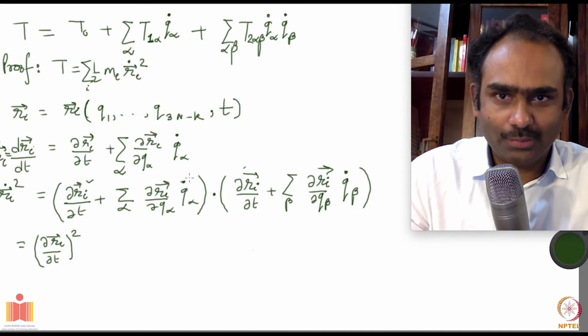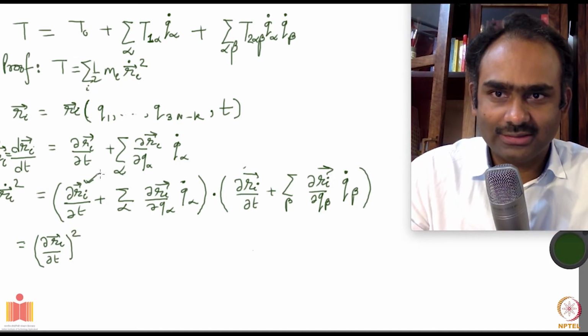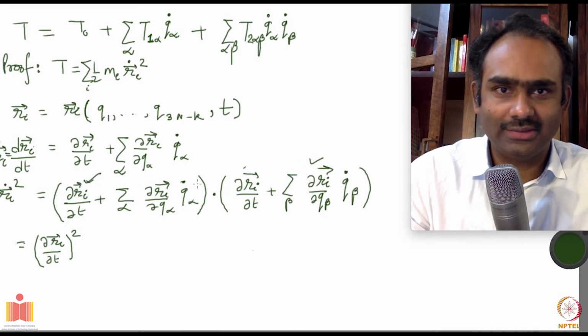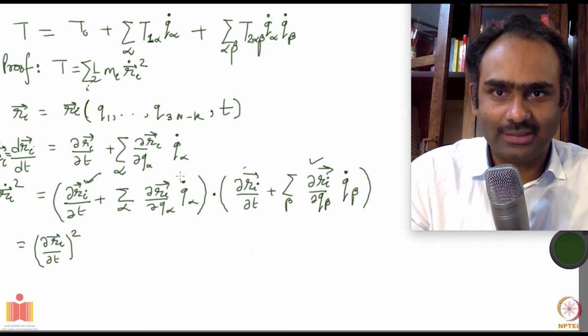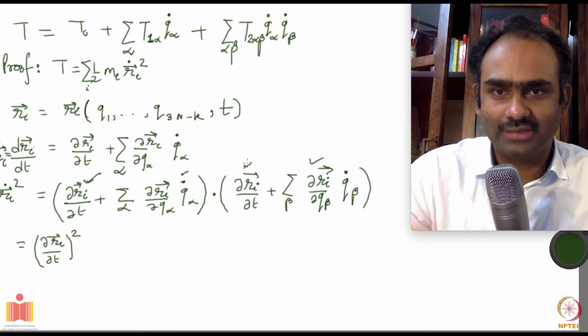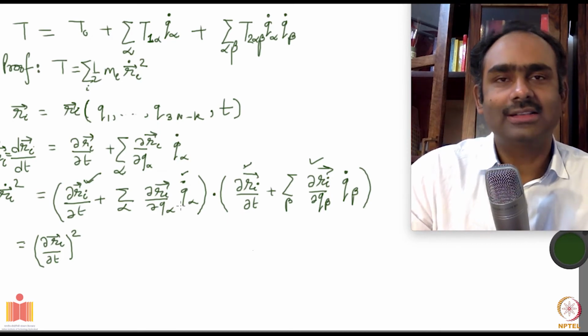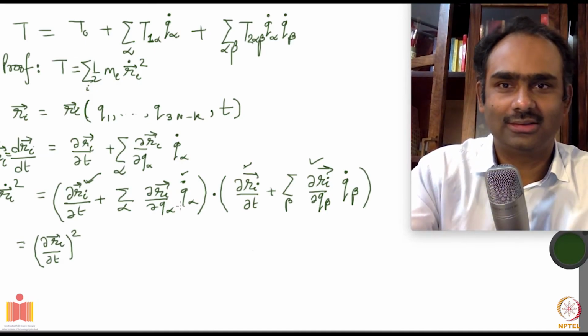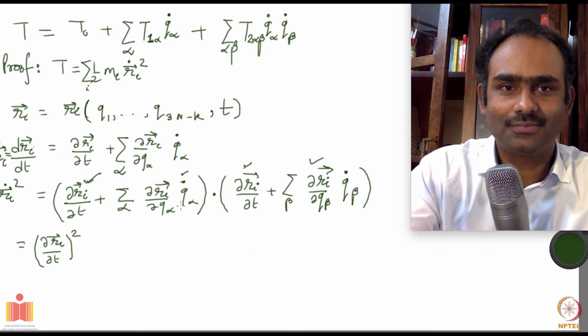Then I will take a dot product of this piece with this term, and you will have another similar term coming from this one and this one. They are both the same because alpha is a dummy index. I'm just summing over all possible alpha.